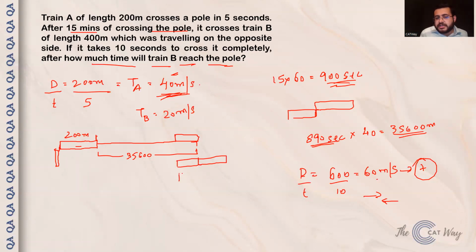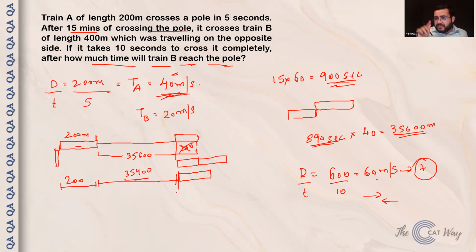Somewhere like this would be the position. Now from this 35,600 meters, these 200 meters would be gone. Now the distance left is 35,400 meters, right? So from here up till here, the distance is 35,400 meters.